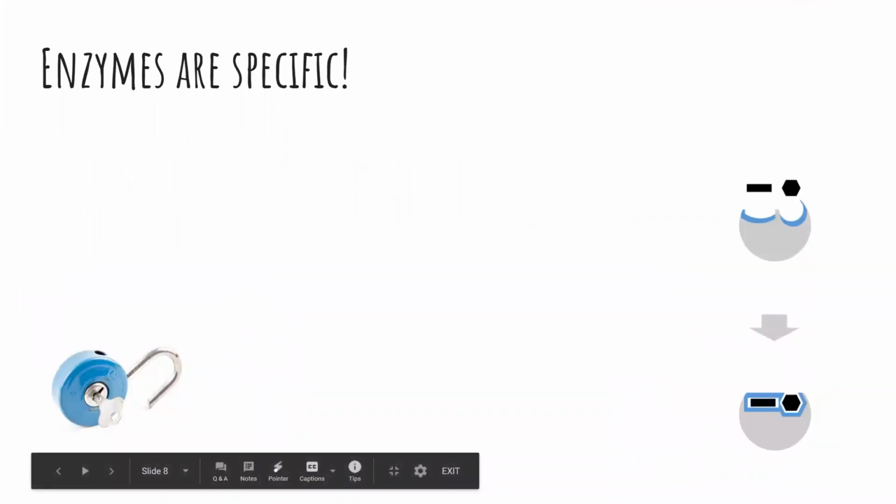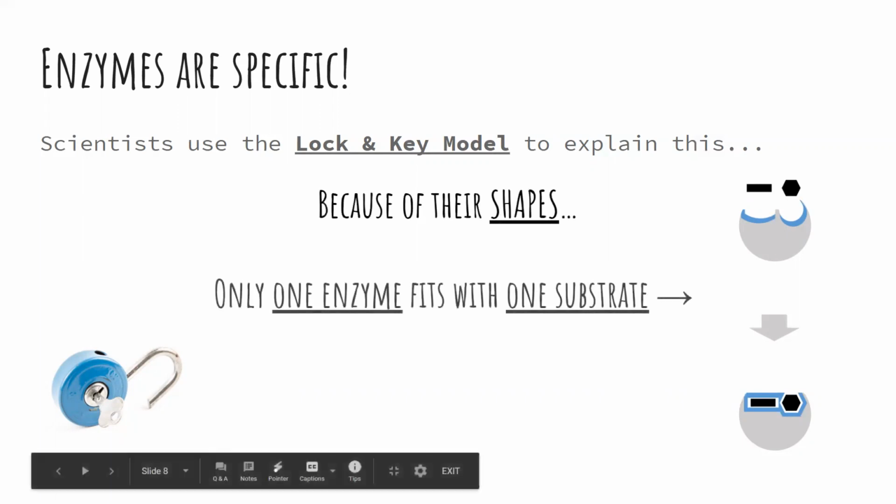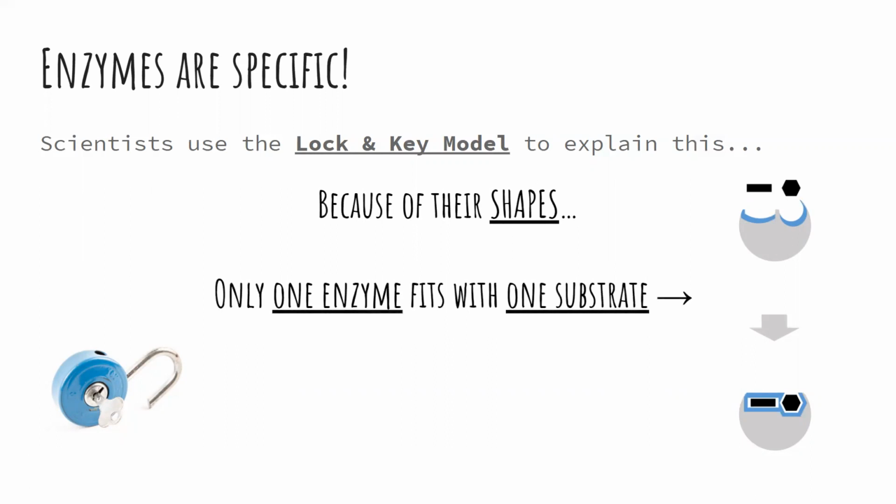And so scientists actually use a lock and key model to explain this. They said, we can actually connect the way that enzymes and substrates connect to the way that locks and keys connect. So because of their shapes, only one enzyme fits to one substrate. So we have bunches and bunches of different enzymes that all break down their own special and specific substrate.